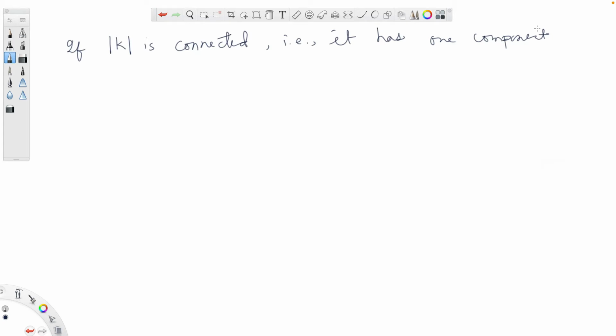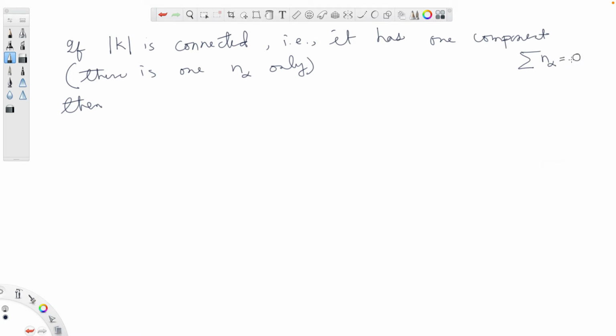Since it has one component, there is one n alpha involved in the analysis. There is one n alpha only. Then we have this expression, the sum of all the n alphas is equal to 0.